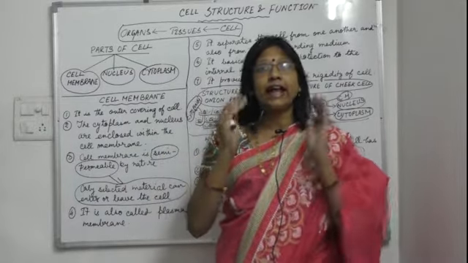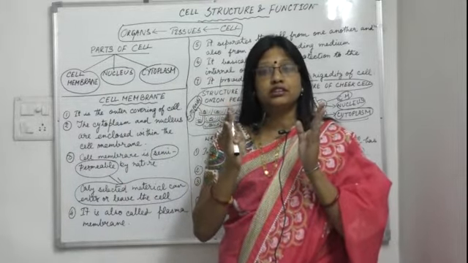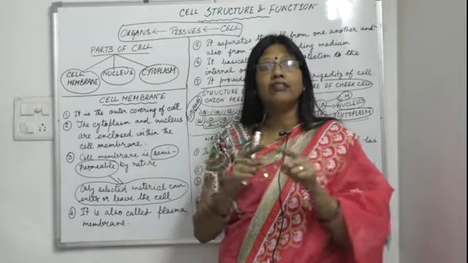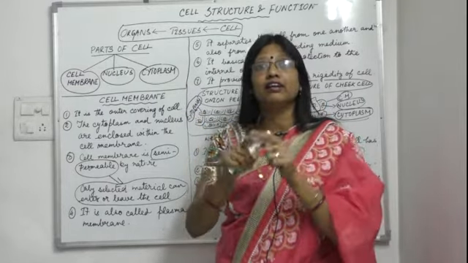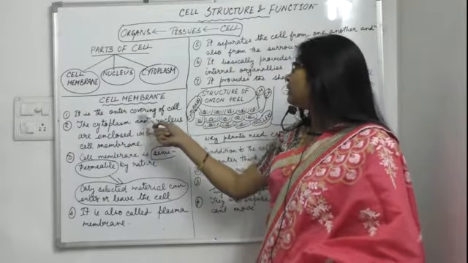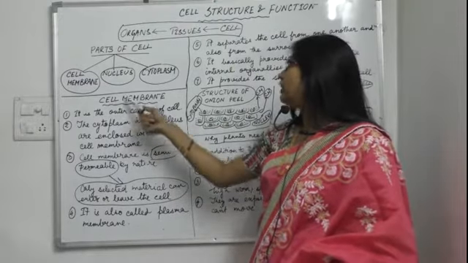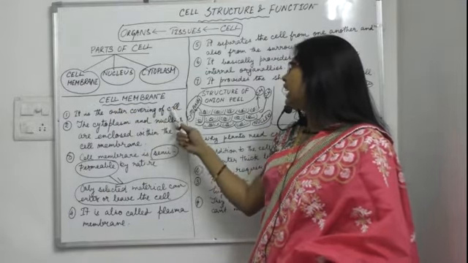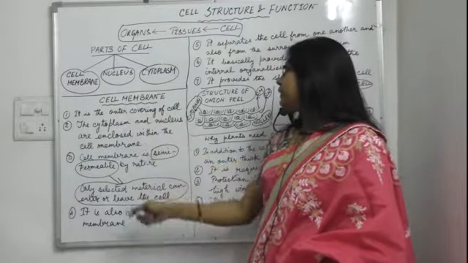You know that the cell is the smallest unit, so it should have an outer covering, and that outer covering is called the cell membrane.